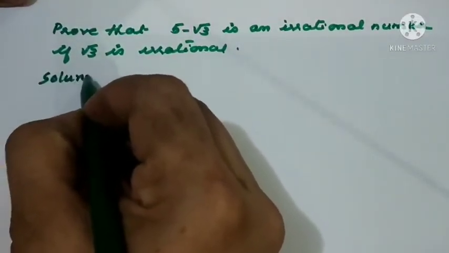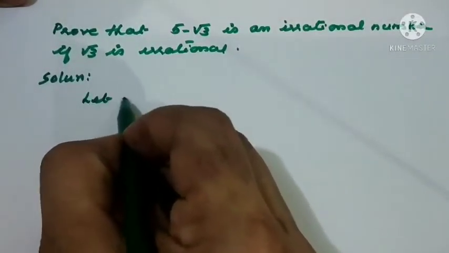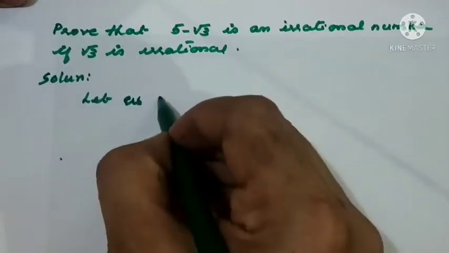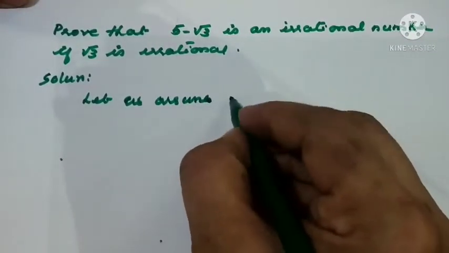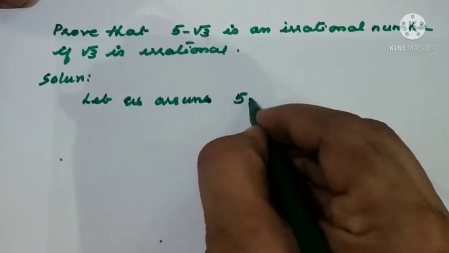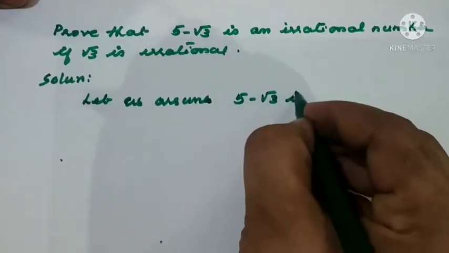Let us assume, on the contrary, that 5 minus root 3 is rational.